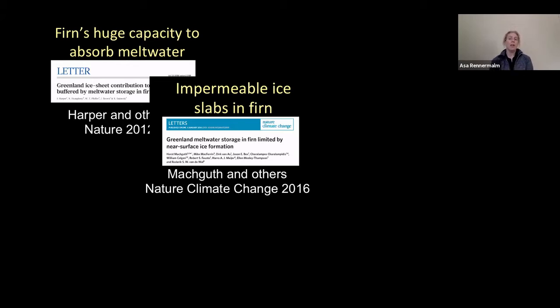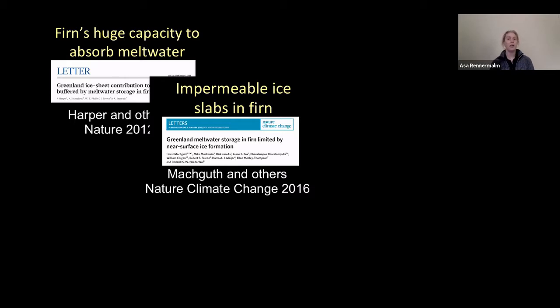They went out to Greenland on an expedition very similar to the ones that I've done the last couple of years, with a small team drilling firn cores going down about 20 meters or so, taking those up to the surface and analyzing what they look like. What they found when they pulled up those firn cores were very thick layers of ice, which they later called ice slabs.